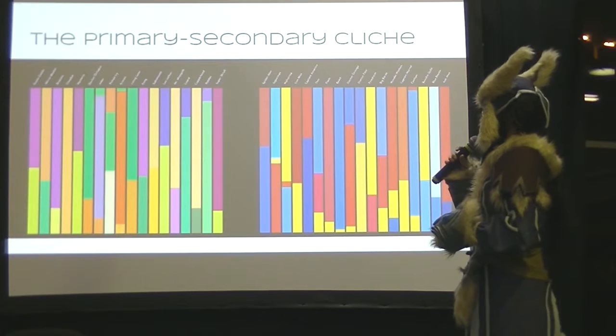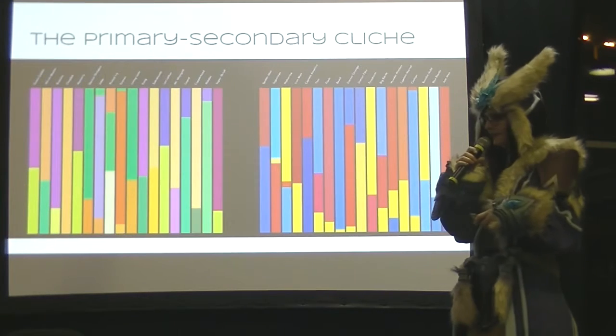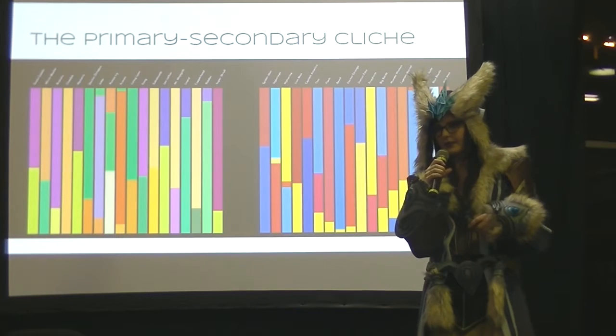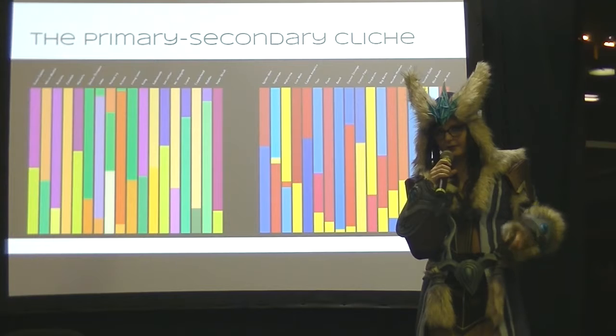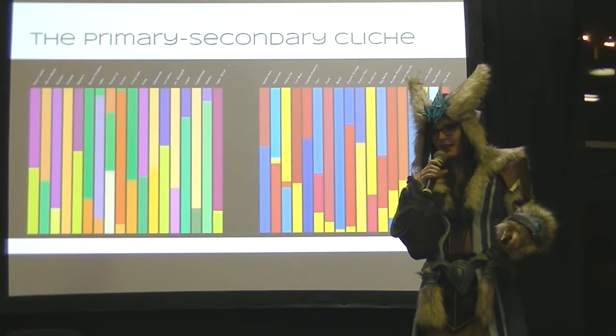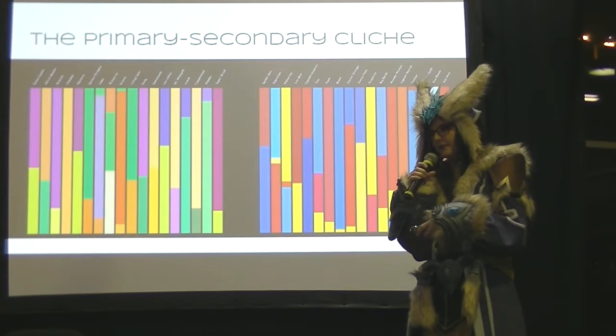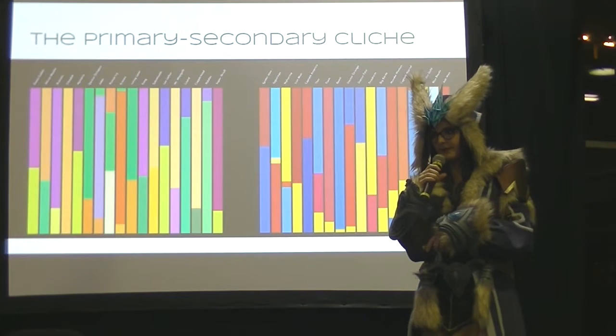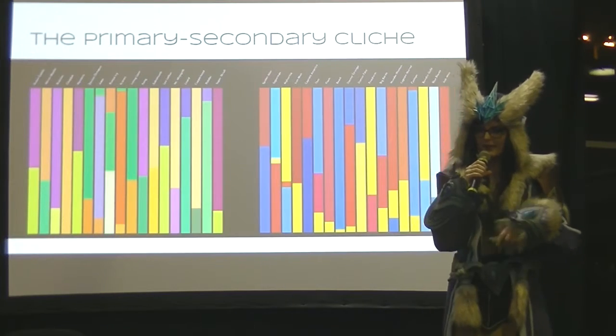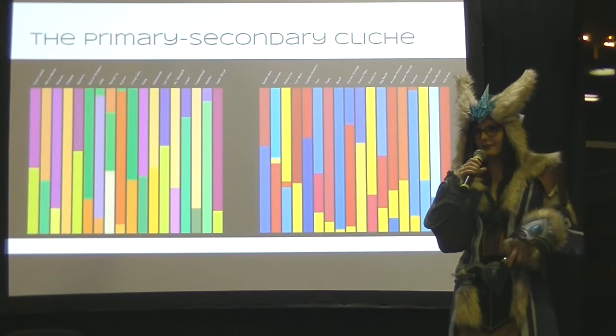So this diagram shows the primary colors of evil characters in superhero comics on the left, and the primary colors of the costumes of the superheroes in superhero comics. But the reason for this is not color meaning.